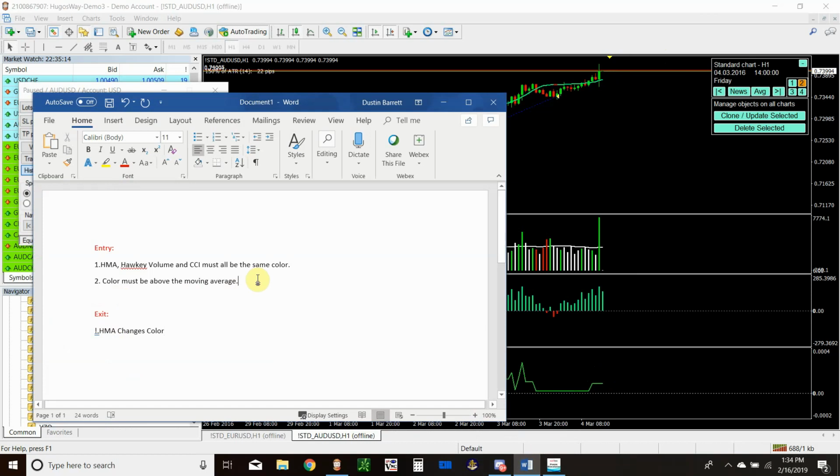I forgot to add this to our volatility. We're just going to call it VQZ indicator shows same color.